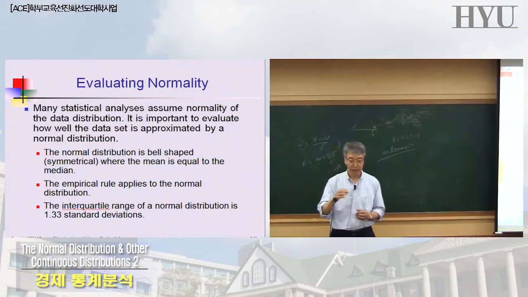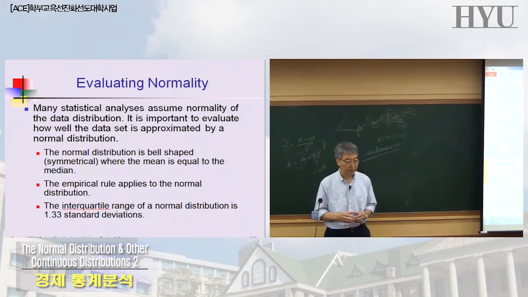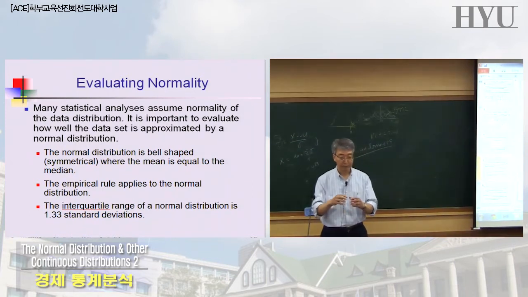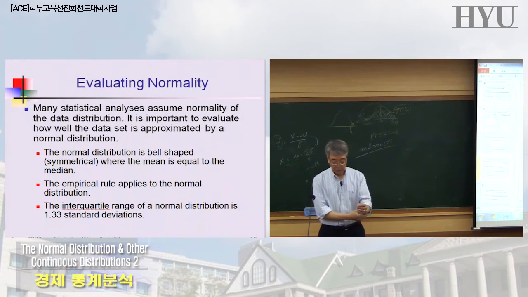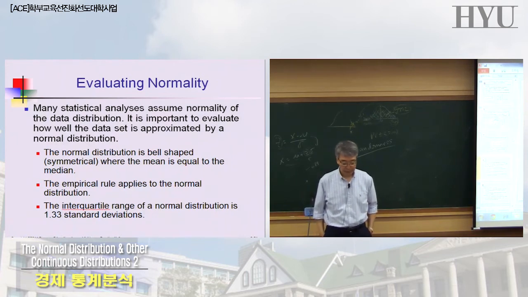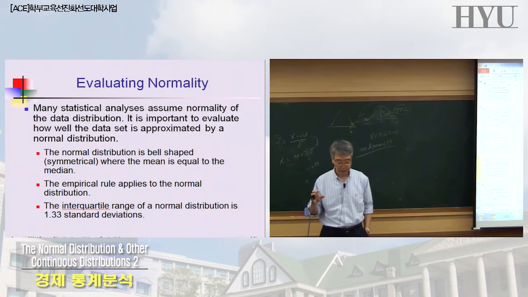The first condition is the bell shape. Is the data mound shaped? In other words, do we have more observations in the center compared to the ends? And is the distribution symmetrical? So you can first take a look at the distribution and see whether it looks like a normal distribution.